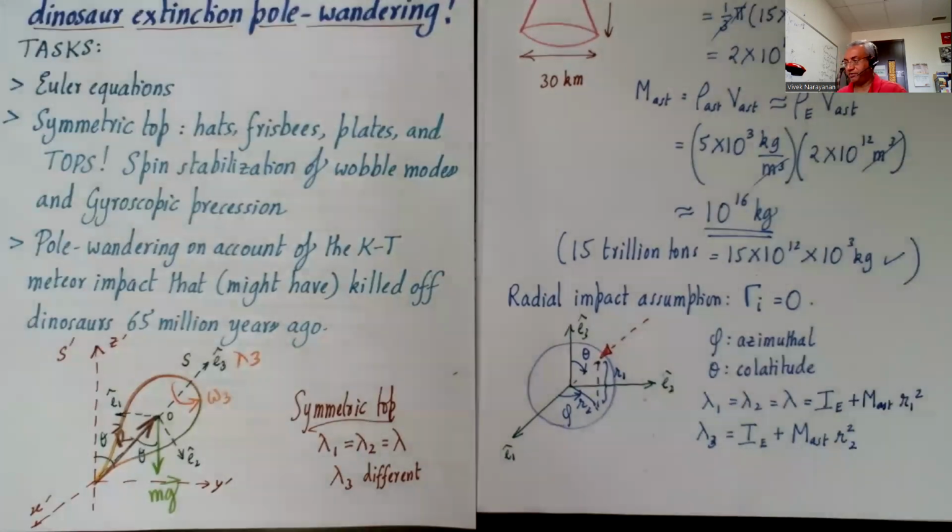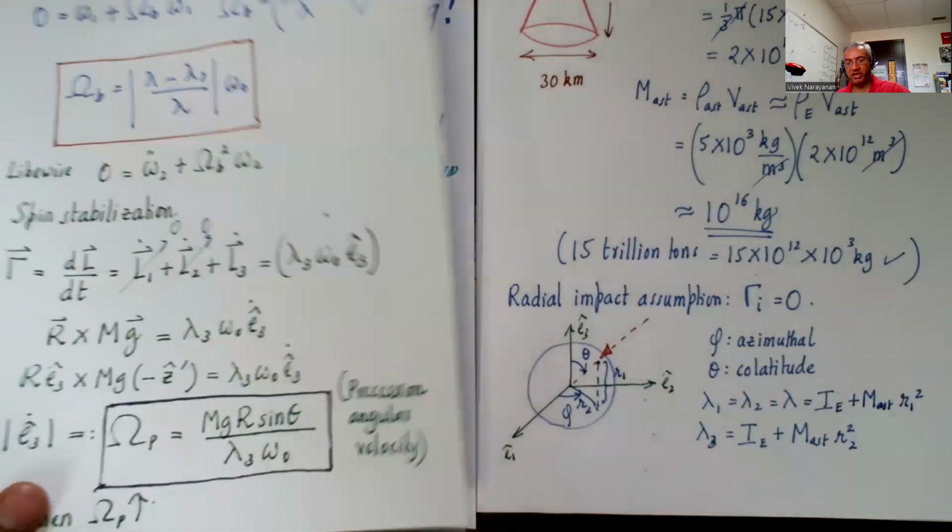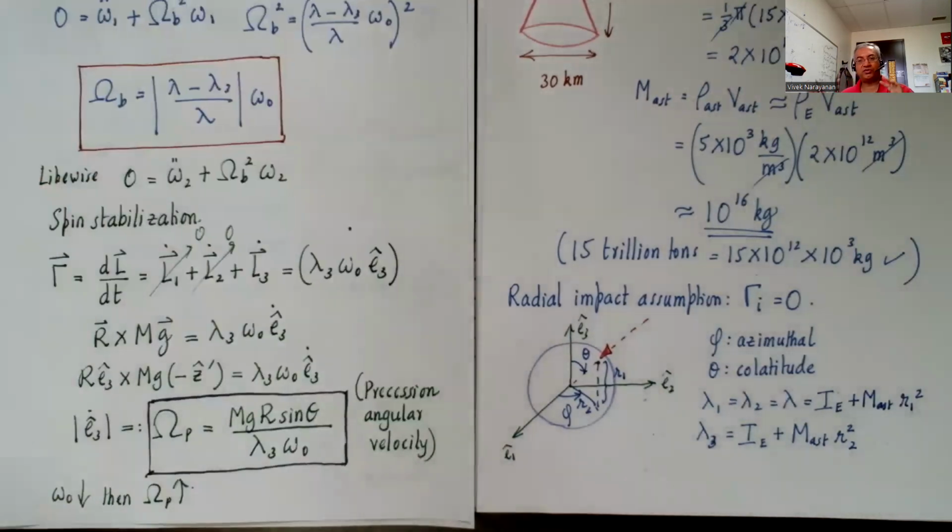So now we have everything set up to use our famous wobble equation. The Earth is going to start wobbling. The Earth is peacefully rotating about its axis. One day the dinosaur meteor comes and now it starts to wobble in a very stable fashion.